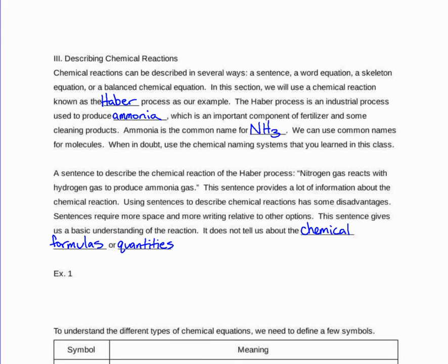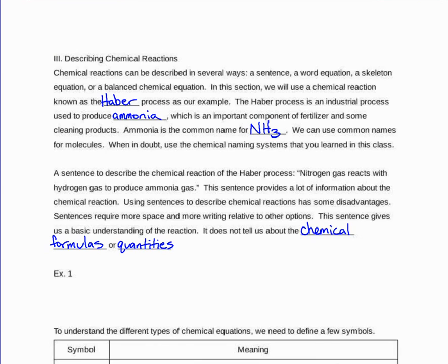A chemical reaction is really a recipe. And like any recipe, the reactants have to be added in the correct quantities. If you're going to make cookies, you're not going to put in 10 cups of sugar if the recipe only calls for one. You're going to have very burnt cookies.